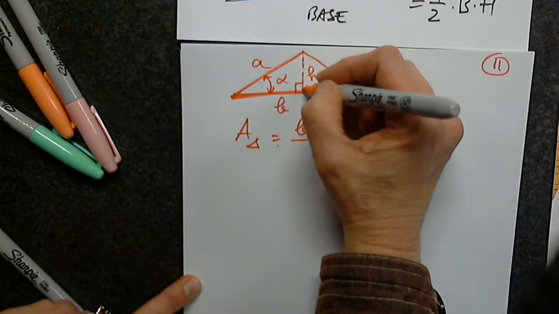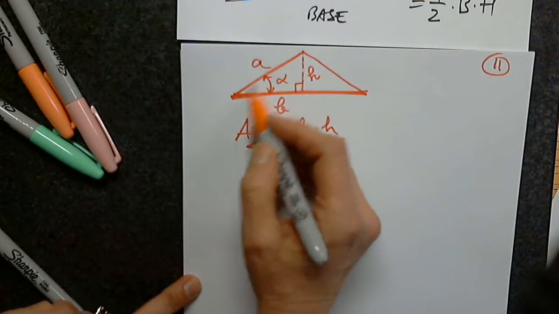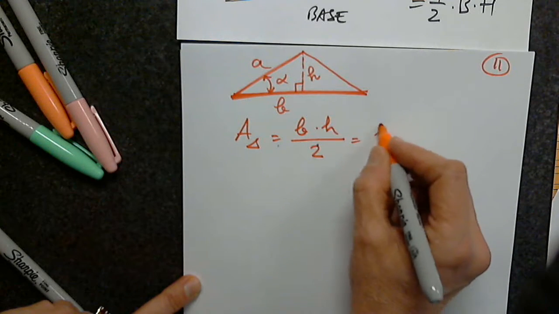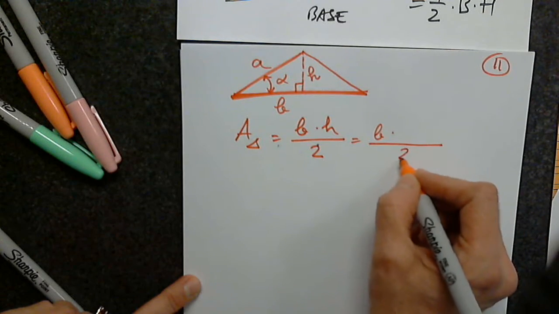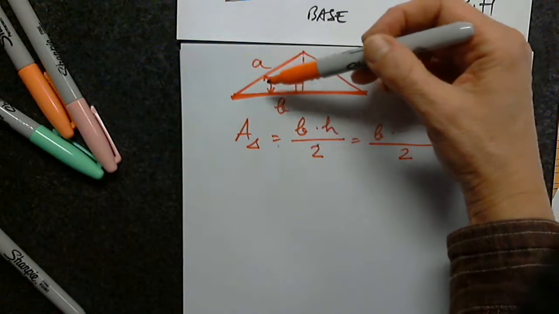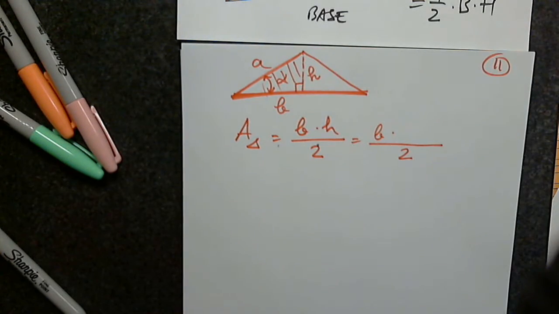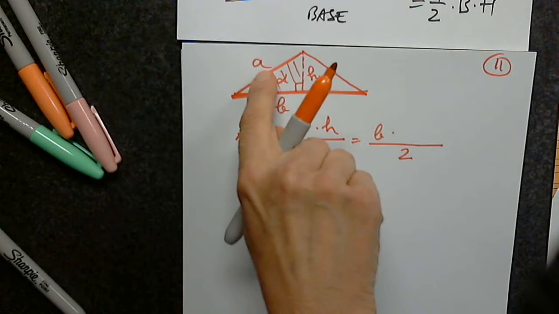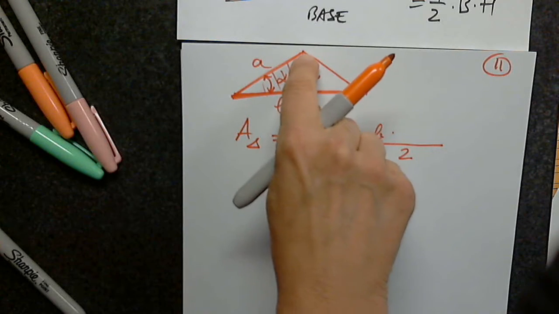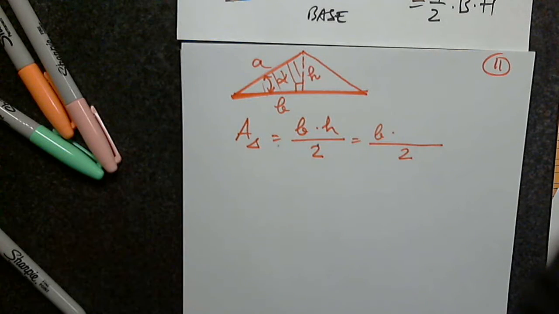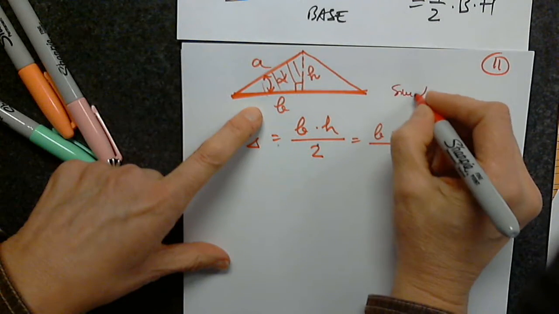But since I don't have the height, but I do have this side, I can write B multiplied by, and in this triangle, you tell me what to write. I have the hypotenuse of this small triangle, and I'm looking for the opposite. Because I have the hypotenuse and I'm looking for the opposite, I will use which trig function?